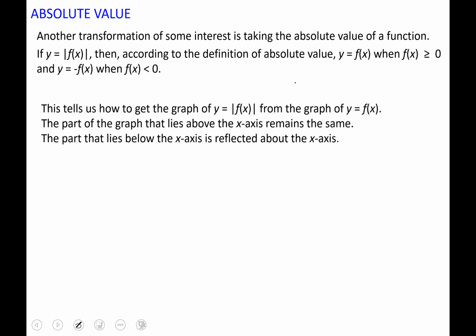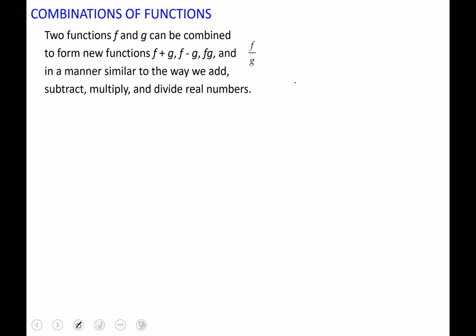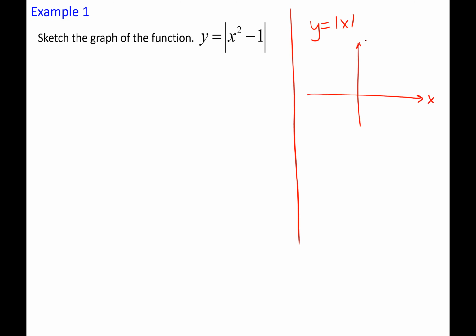Okay, some absolute values. You can pause the video and read this, and I have the question. We of course know how to sketch the graph of the absolute value function. Probably everybody is confident.